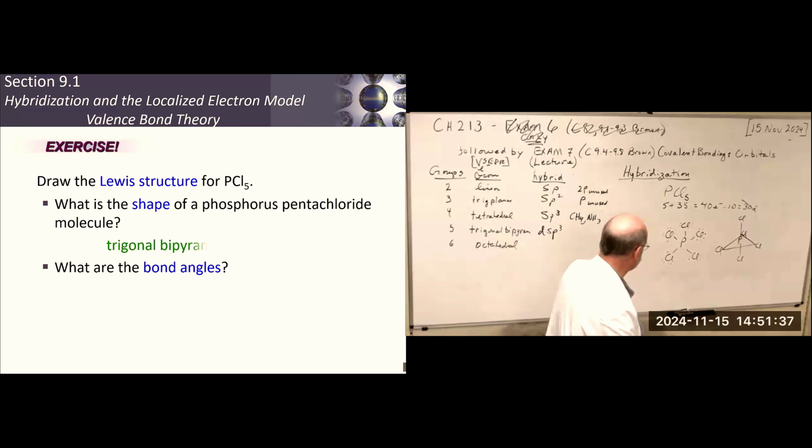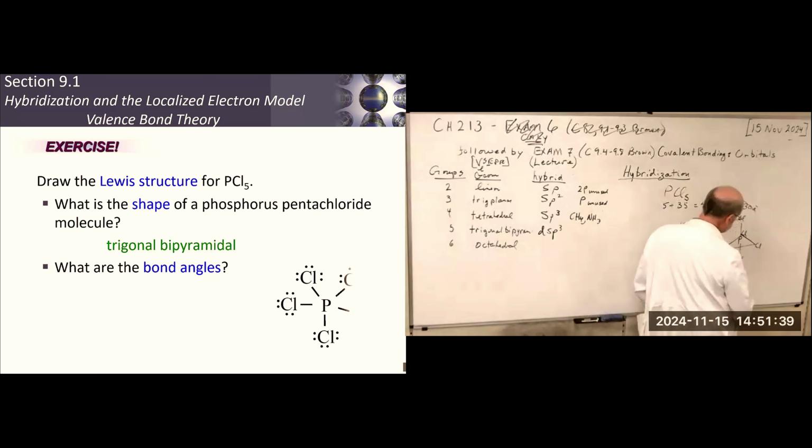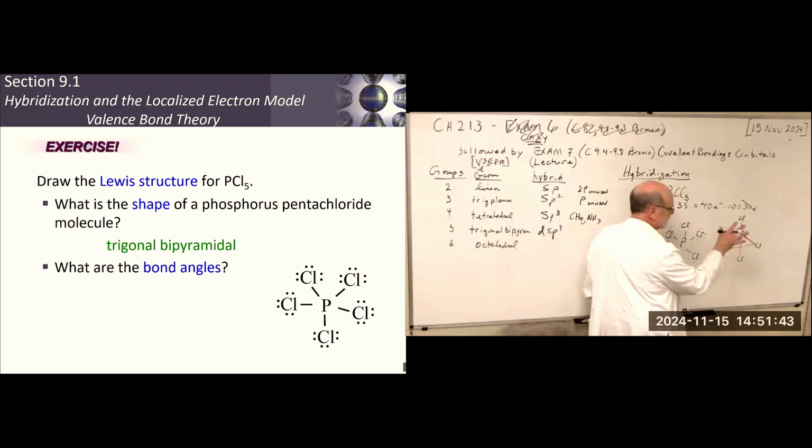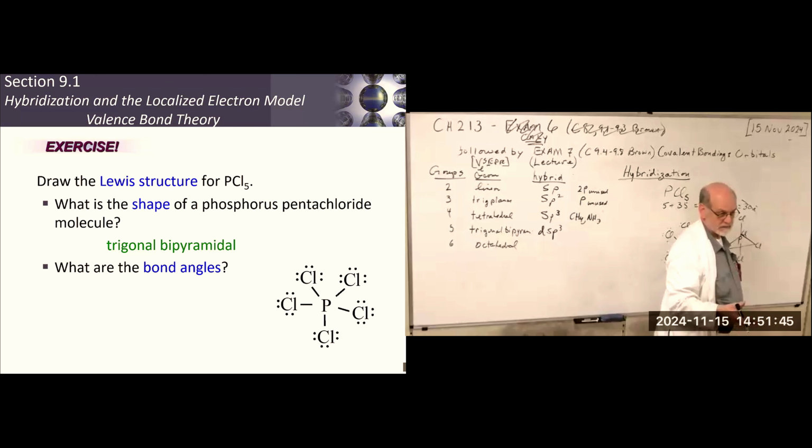And that gives you bond angles of what? Well, let's see. In this case, every position is occupied by an atom. So you have access to all the different types of bond angles available. On the triangle, you have bond angles of 120 degrees, right? And from one of these to one of these is exactly 90 degrees.